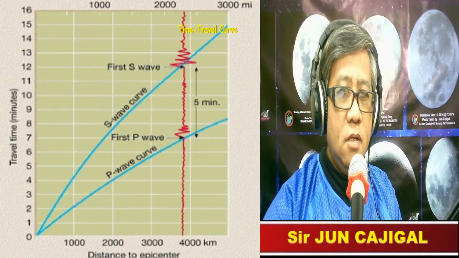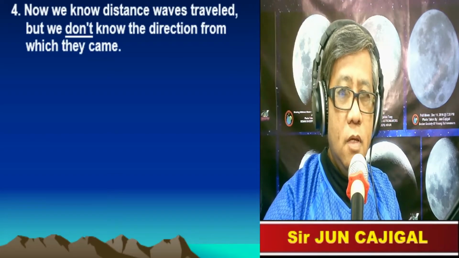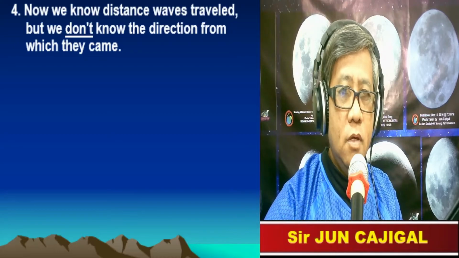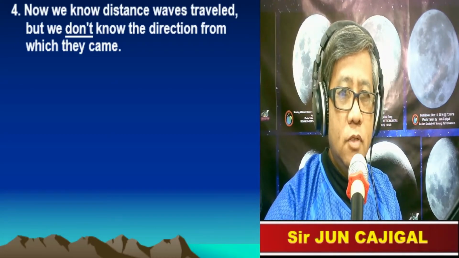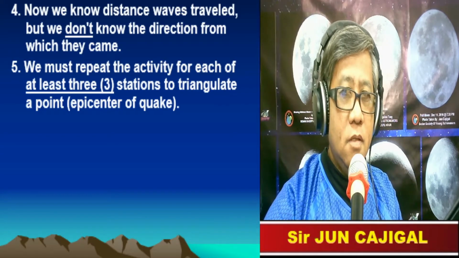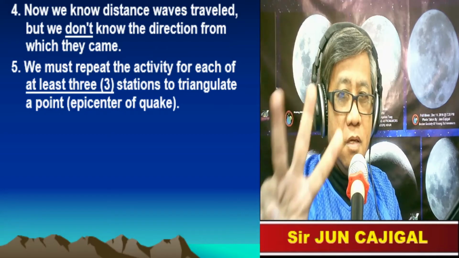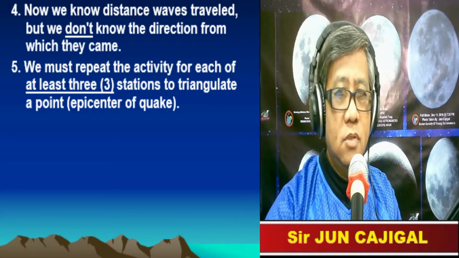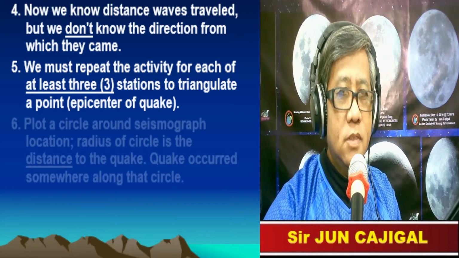The next thing that they need to determine is the direction of the epicenter. We know the distance that the seismic waves have traveled, but we don't know yet the direction from which they came. So, they must repeat this activity of determining the distance of the epicenter in at least 3 seismic stations in order to triangulate the epicenter.